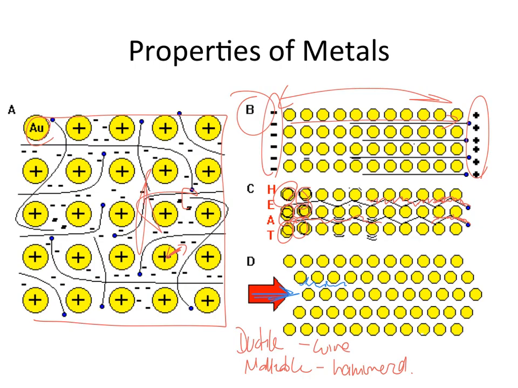And if they can slip past one another and this negative charge just redistributes to buffer this, we could actually hammer it out into a certain shape, or if we keep pressing some force or pull with some force, we can actually break them out and turn them into a thin wire.